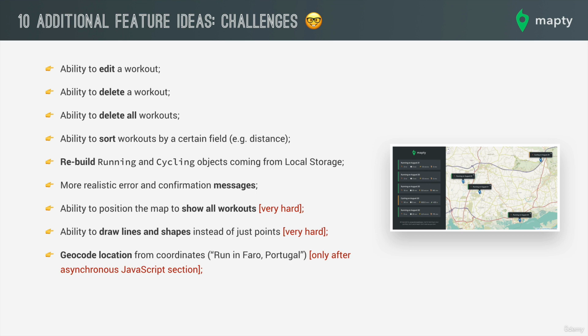So for example, you could then call the run a run in Faro, Portugal, because the third-party web API would give you that location data. So a description of the location, not just the raw coordinates. And then besides that, you could also use a third-party API to display the weather for the workout time and place. But again, these two you can maybe tackle after the end of the next section if you feel like improving this project even more.